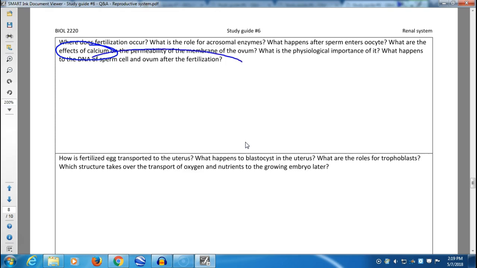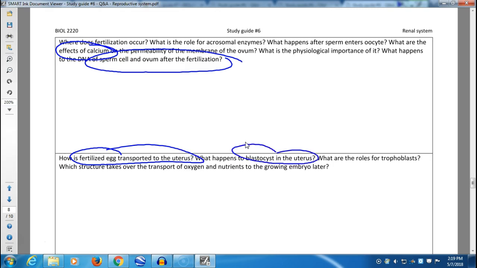Okay? DNA in sperm cell and ovum fuse. Fertilized egg is transported via fallopian tubes with cilia beat. Blastocyst implants into the endometrium.